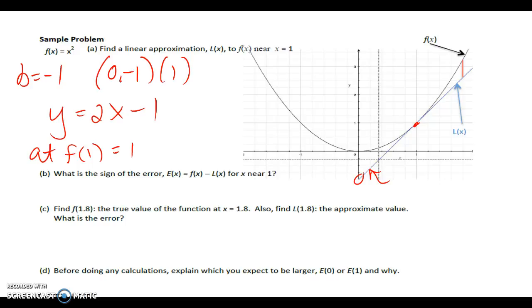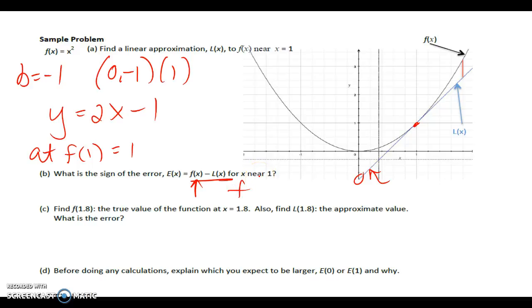Now it says, what is the sign of the error near 1? Well, if you just look at the error equation. Notice that our graph is higher along the y direction than our linear approximation. So our error should be positive, okay?